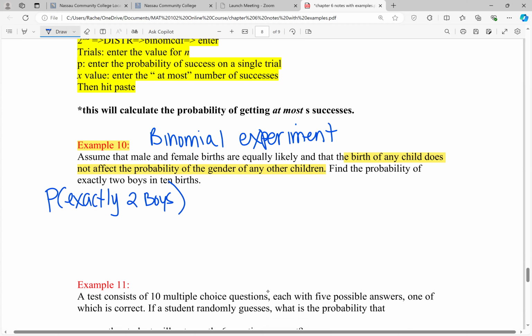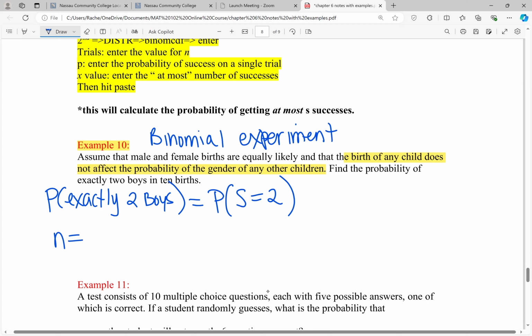So we could think of this as finding the probability that S, the number of successes, is equal to 2, because we're considering having a boy a success. So let's think about the parameters now. Before we plug into the calculator, we need to know N, P, and S. How many trials are there?